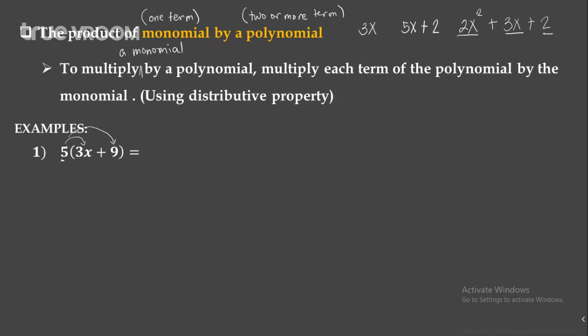You are distributing the monomial or the number outside the parentheses to all the numbers and variables inside. So this will be 5 times 3x, copy the sign, which is plus, and then multiply again 5 times 9.